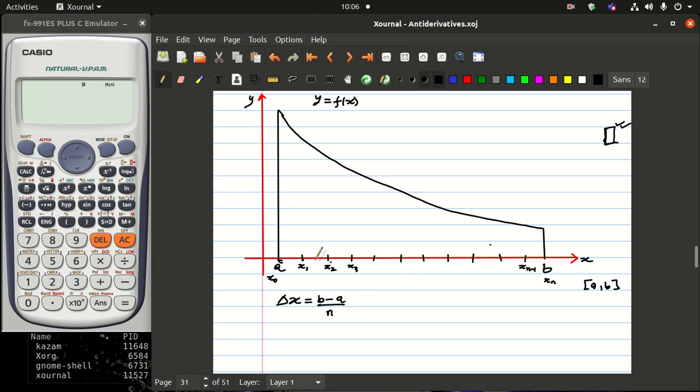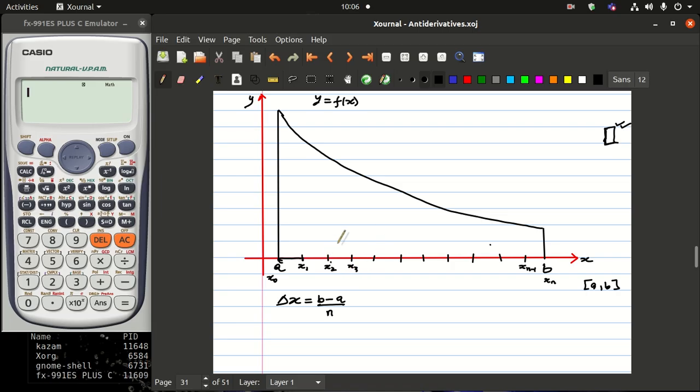And if you look at this position here, the length moving from this point to that point is delta x, which means that at this particular position, you can determine the value of x1. I hope I'm explaining that.